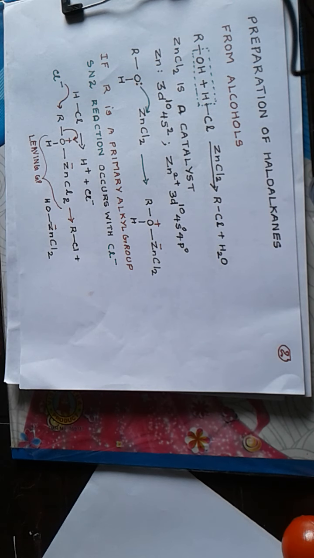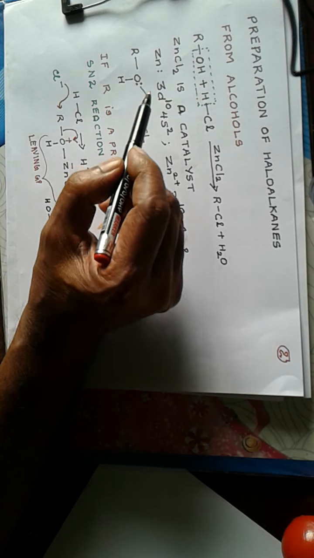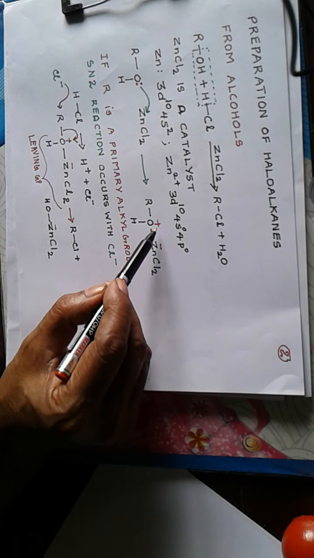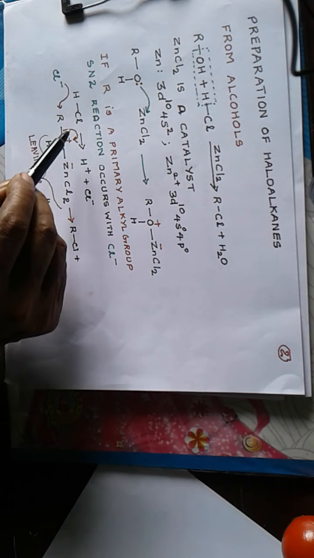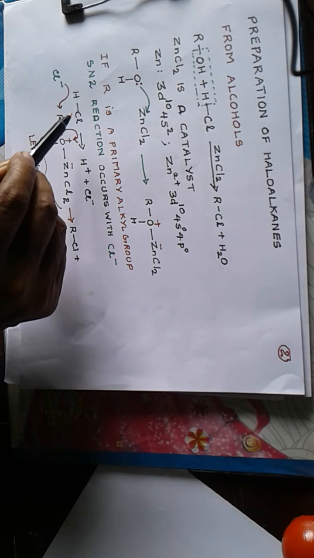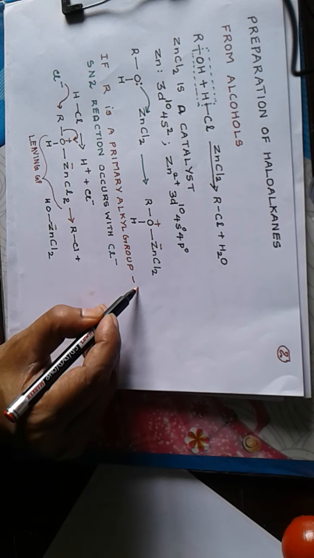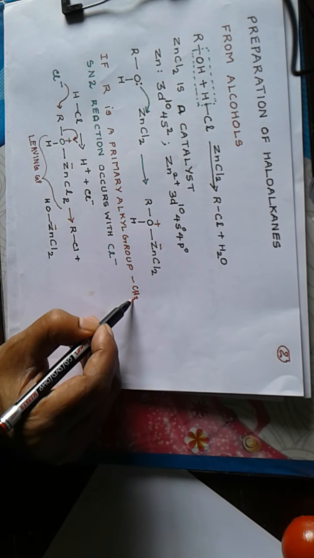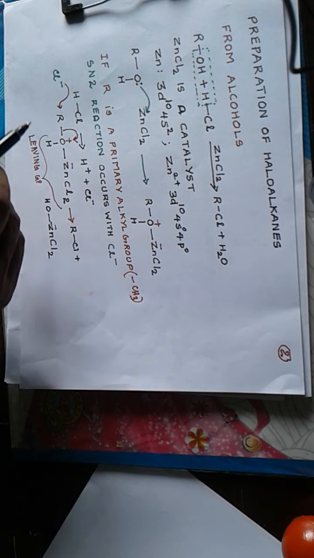So once again, a lone pair of oxygen is given to zinc. Now oxygen carries a positive charge and Zn carries a negative charge. HCl ionizes into H+ and Cl-. Then if R is a primary alkyl group, say for example the methyl group, then it is unable to form a carbocation. So an SN2 reaction occurs.